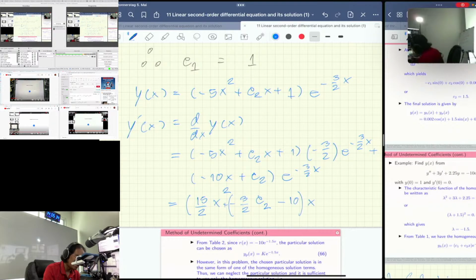And for the constant term, you would have -3/2 plus c2 exponential -3/2x. All right.